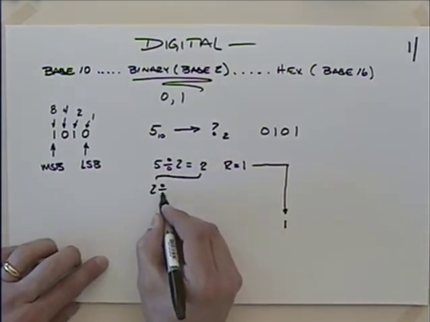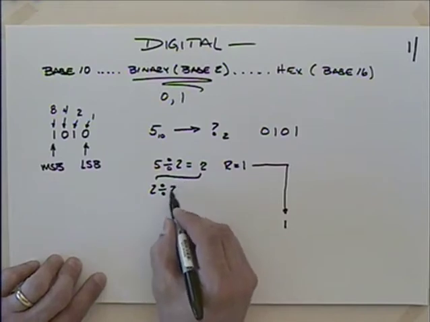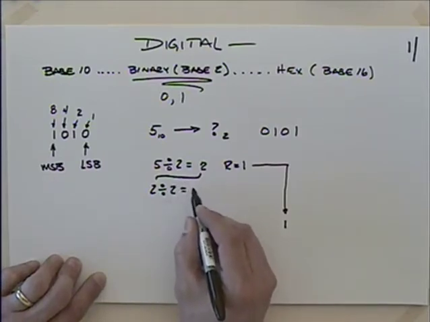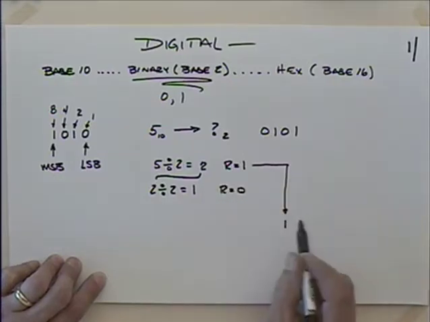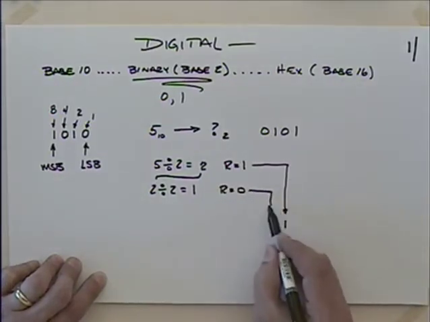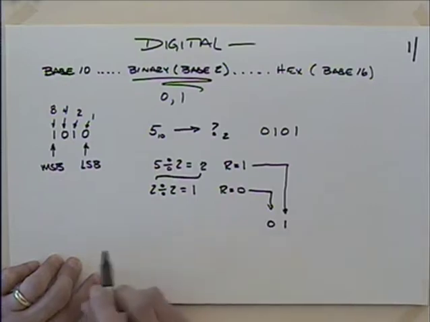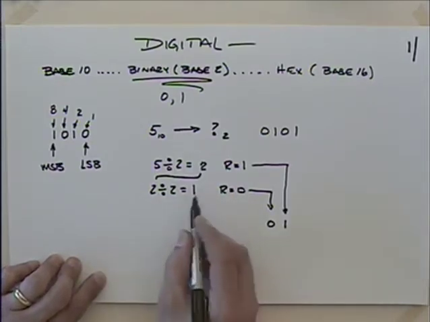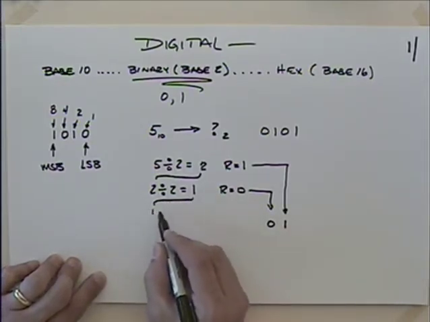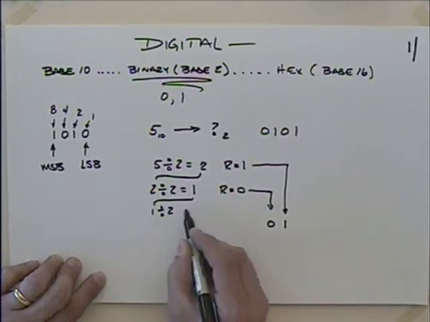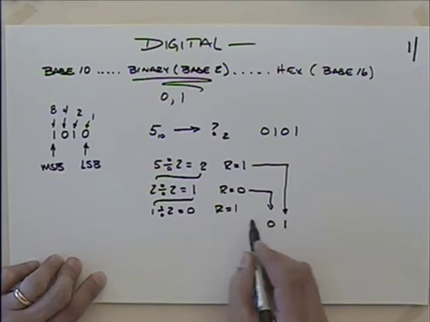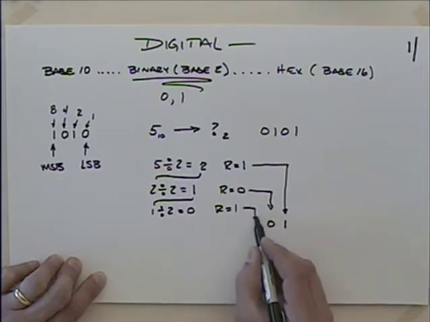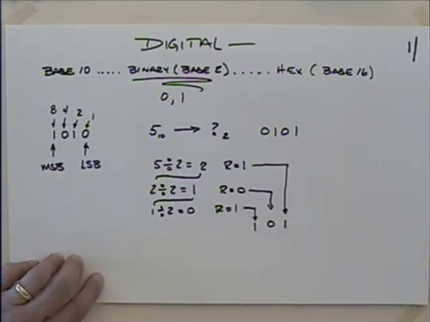So I would have 2 divided by 2 then, which gives me 1 with a remainder of 0. So I'm going to bring that down. And then I would have 1, so I bring this down, 1 divided by 2, which gives me 0 with a remainder of 1. So that's how I'd come up with that one.